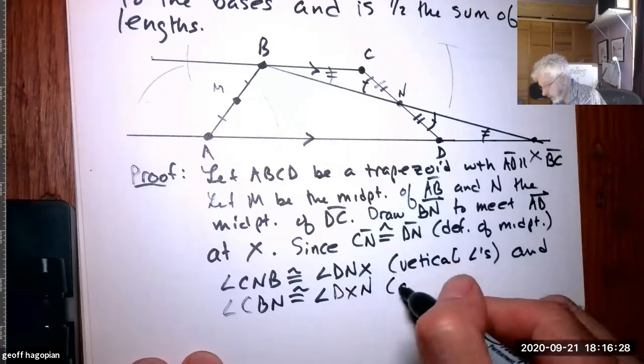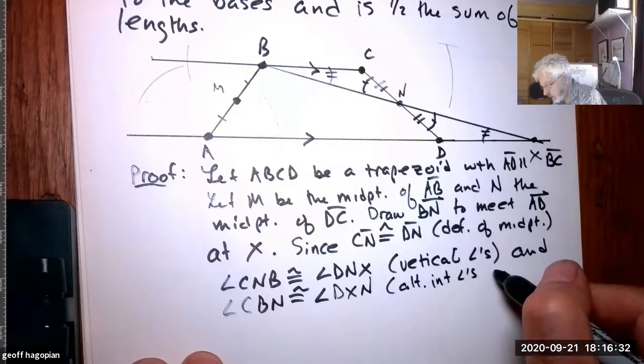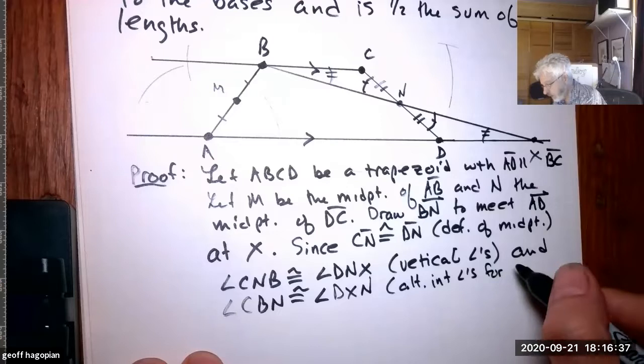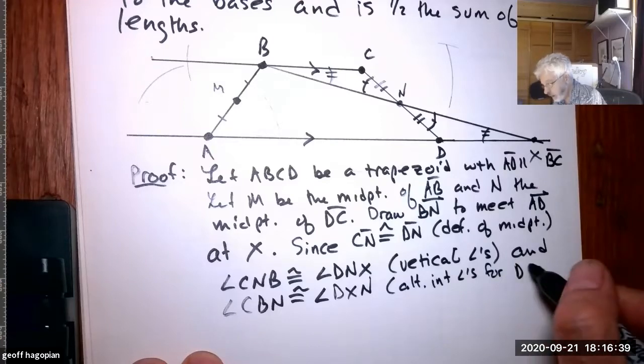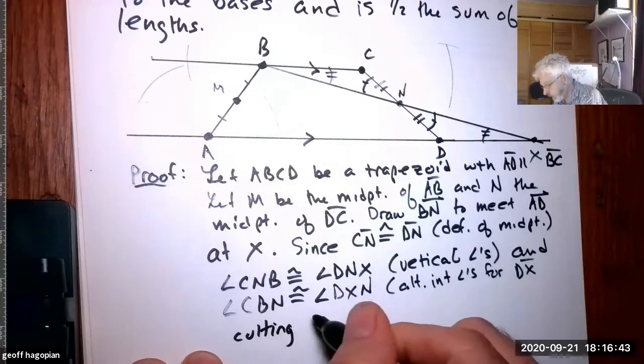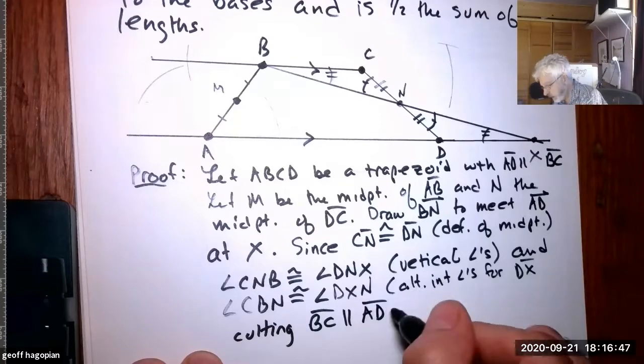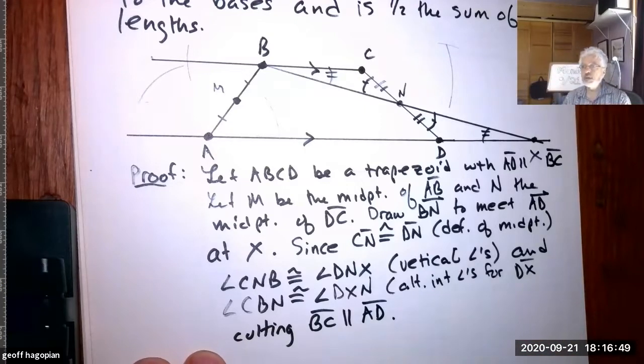And these are alternate interior angles for, to be thorough here, DX cutting BC parallel to AD. Right, so if you have a transversal cutting parallels, alternate interior angles are congruent. That was my parenthetical justification there.